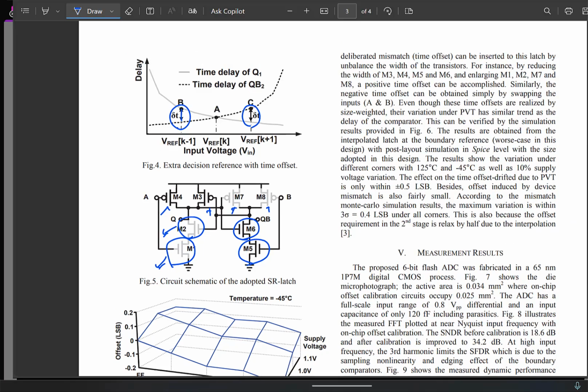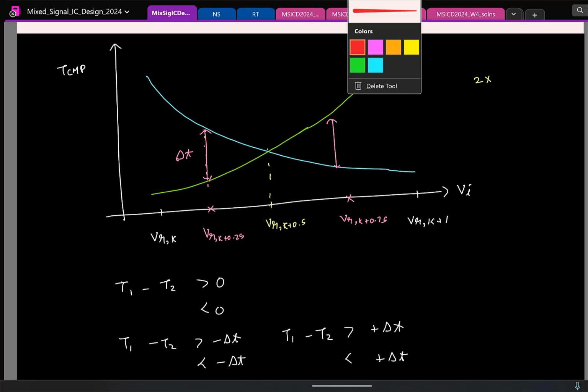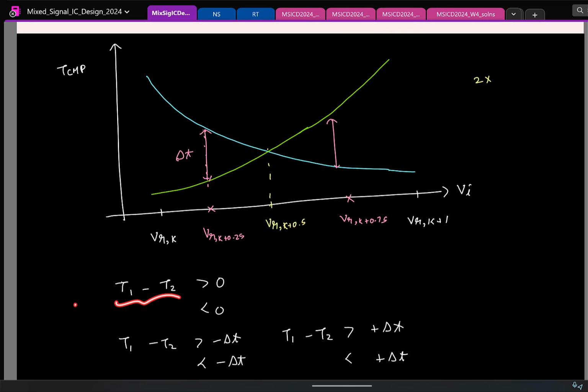Again, the solution in English is this: I have to make sure I compare my time information with minus delta t and plus delta t, right? So there is another way in which you can translate the same thing in circuits, and it turns out there is a class of circuits called time to digital converters, or TDCs, that exactly do this.